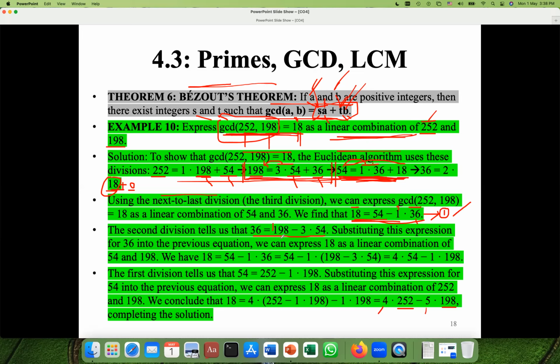Then it would become what? It would become 18 is equal to 54 as it is, minus 1.36, which was the previous. And now after putting it in place of 36, you will have this portion: 198 minus 3.54, like you can see here.